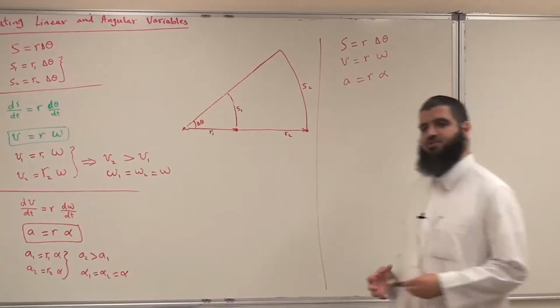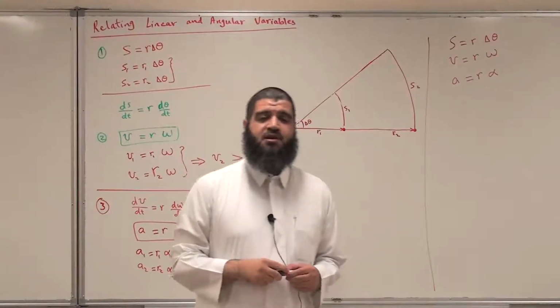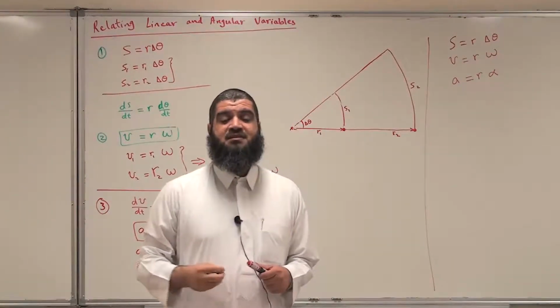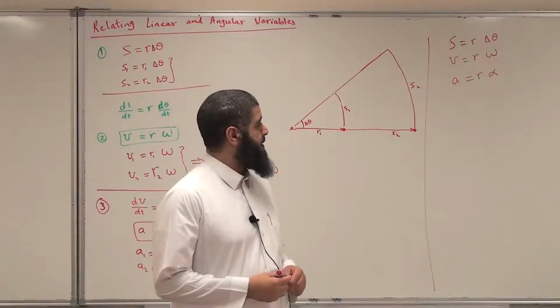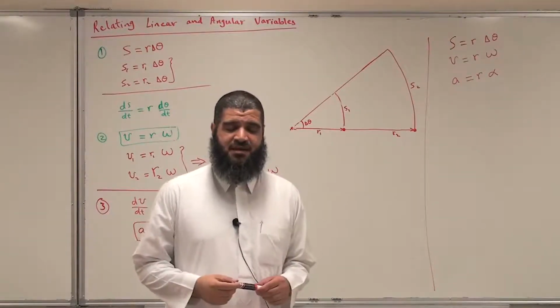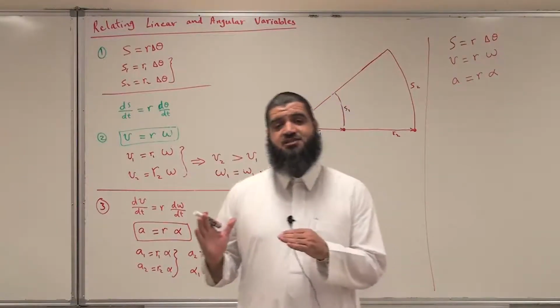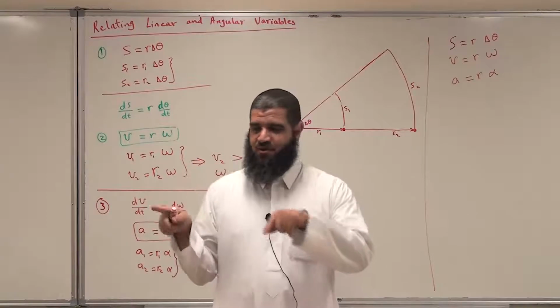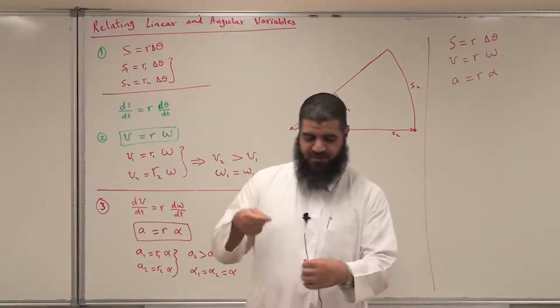Don't forget that in the previous chapters, we talked about something called centripetal acceleration. We said it is responsible for the change in the direction of the velocity. You have an object moving in a circular motion, if you see it here.